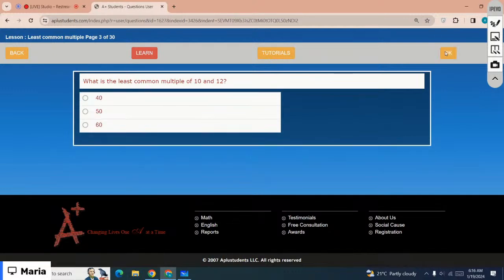Okay. What is the least common multiple of 10 and 12? Which is the correct option?